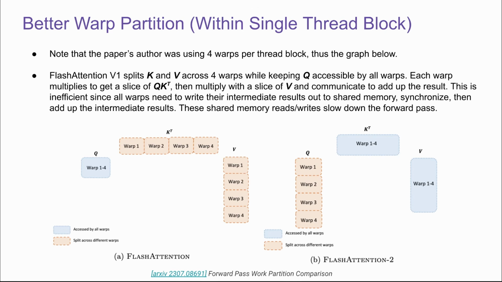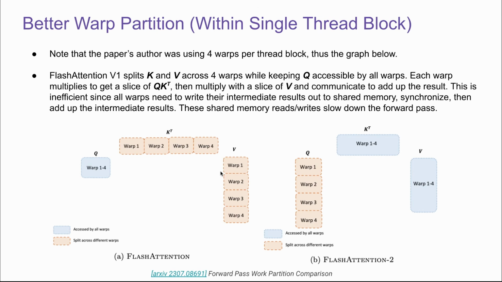The last optimization I want to go through is how FlashAttention V2 partitions work within a single thread block. Note that the paper's authors are using 4 warps per thread block, thus the graph here, pulled from the original paper, is also using 4 warps per thread block. FlashAttention V1, which is the graph on the left, splits K and V across 4 warps.